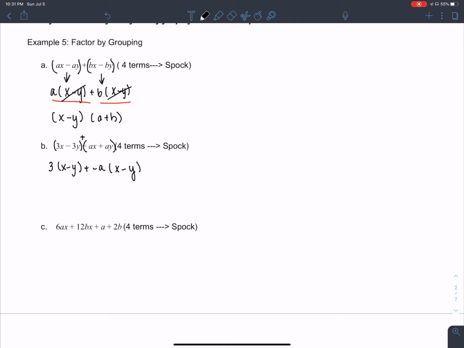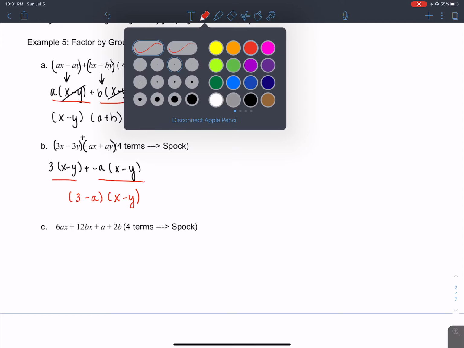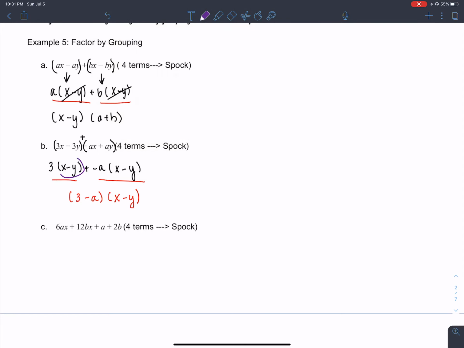So I get 3 minus a times x minus y. If you didn't take out that negative, then you wouldn't have got the same thing here. All right, let's do it again.